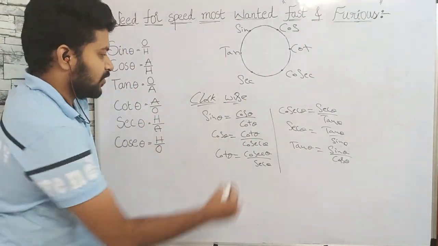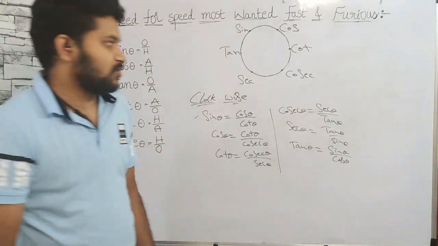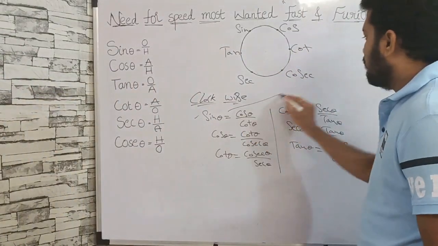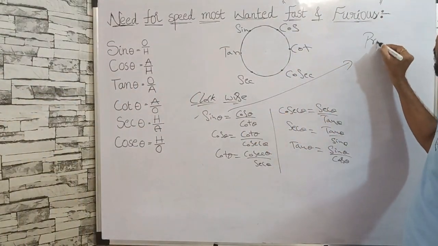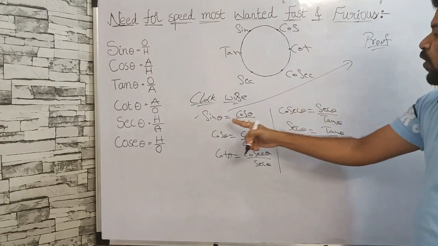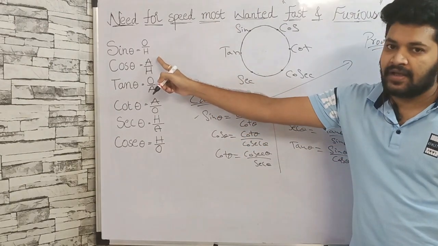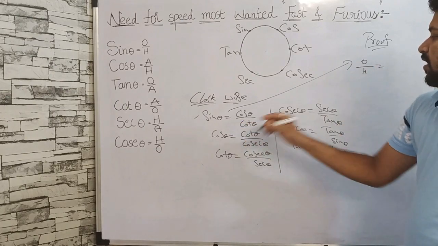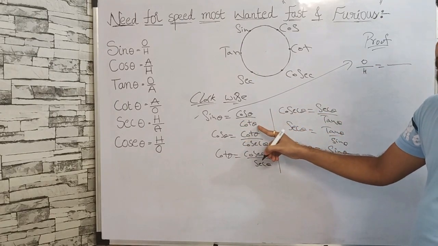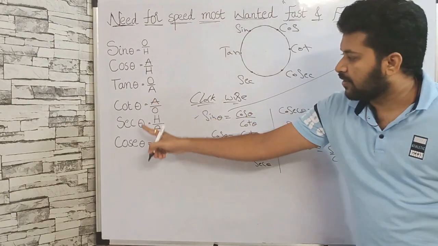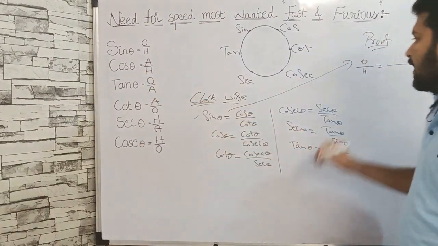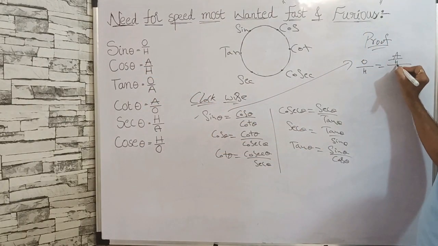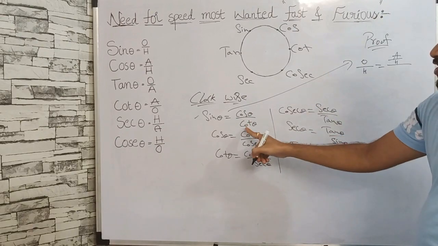Any one of those you can select. Let us select the first one. Sin theta is equal to. What is the sin theta value here? O by h. So it is in the LHS. In the numerator I have cos and in the denominator I have cot. What is the cos value here? A by h. And what is the denominator here?